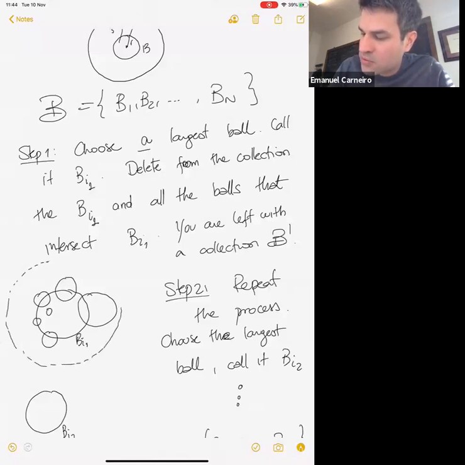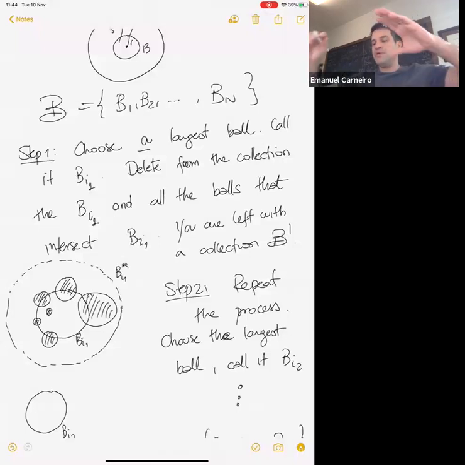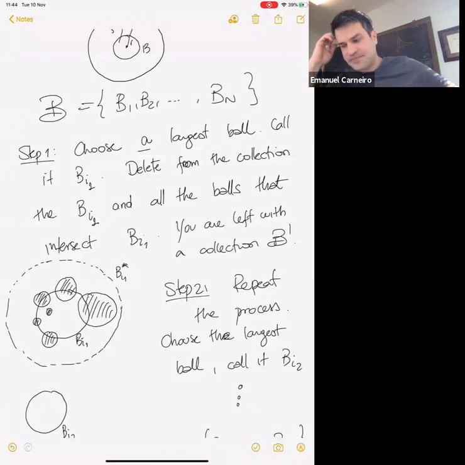This is what we call BI1 star. So all the balls that you are removing, all the balls that intersect this ball BI1, are entirely contained in the ball BI1 star.